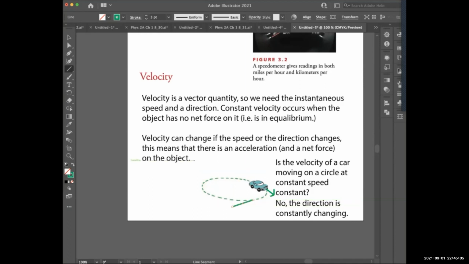I'm going to try and do the same length. It's too long. So it's the same length, but now it points this way. So it changed its direction. Now it's no longer pointing in the same direction. And then here, it now points like this. More like this. Trying to draw in 3D here. Like this.